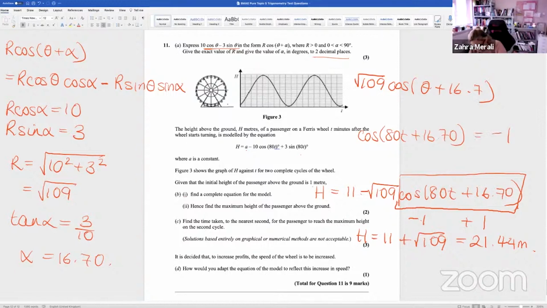So 80t plus 16.7: inverse cos of -1 happens at 180, but we don't want it at 180. We want the second cycle, which is 360 later, which is 540. We rearrange it for t, and we end up with 6.54.